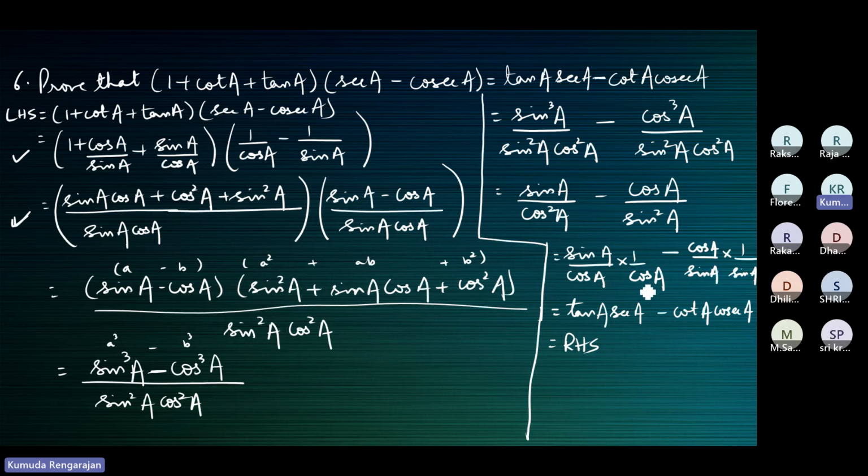So into 1 by cos a, minus cos a by sine a, and there's another sine a, so into 1 by sine a. Sine a by cos a is tan a, 1 by cos a is secant a. Cos a by sine a is cot a and 1 by sine a is cosecant a. Which is the RHS.